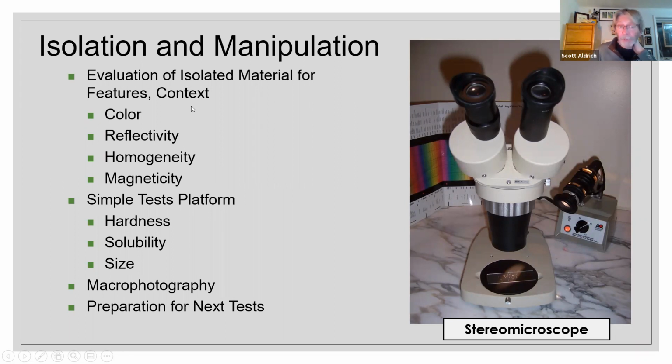Our first evaluation is of obvious physical features, and then we can go on to do other simple tests to range-find and figure out what the material might be. It allows us to take a fair amount of photographs, and we use it to prepare the material for the next test.